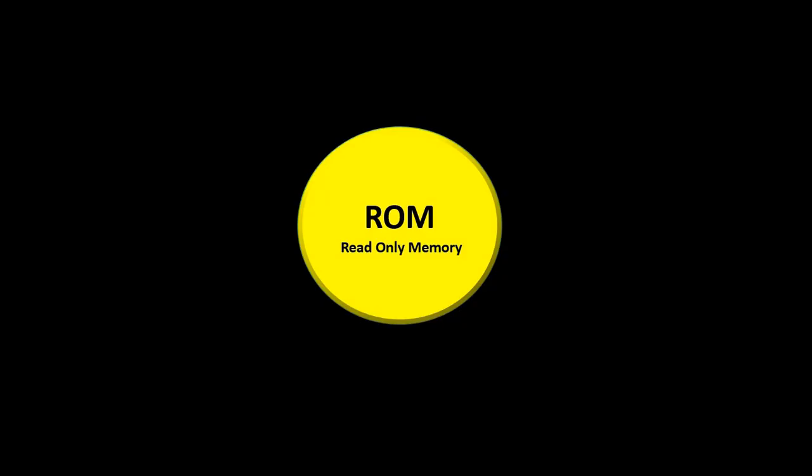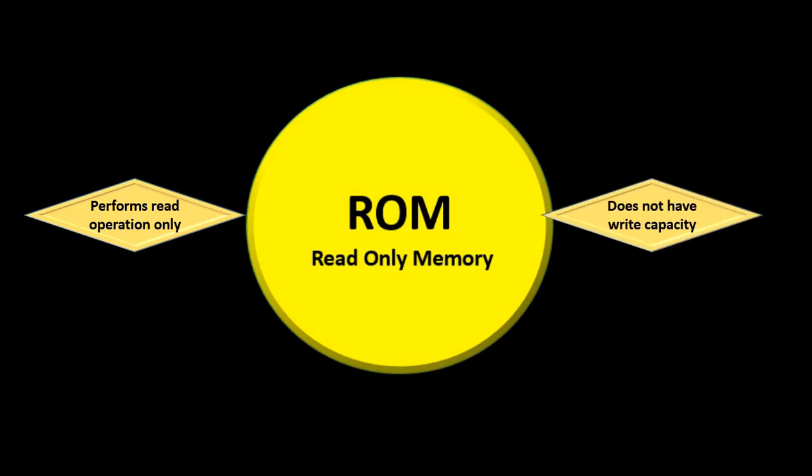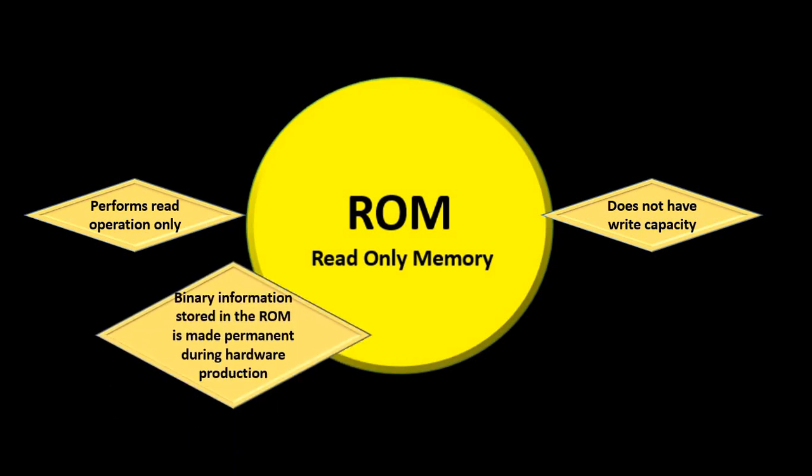The second classification of primary memory is ROM, read-only memory. As the name itself states, this memory can perform only the read operation. That means it does not have write capacity. Since it has only read capacity and no write capacity, the information is made permanent during the hardware production of ROM.